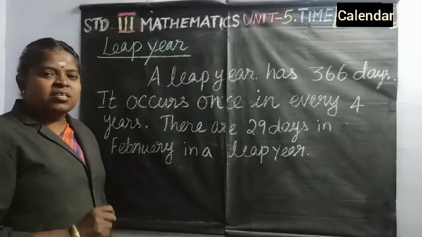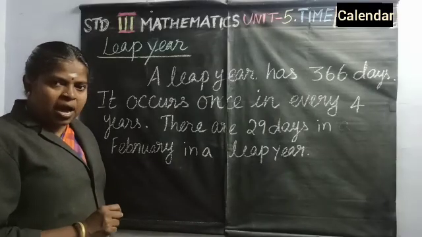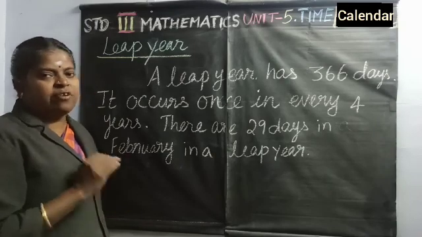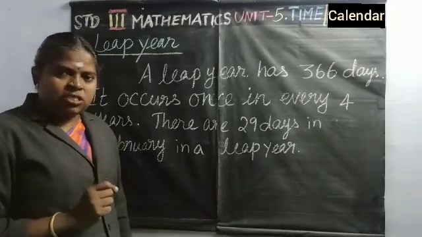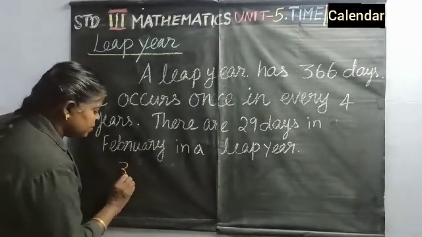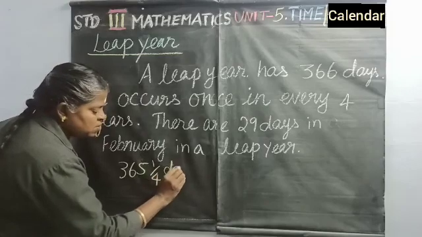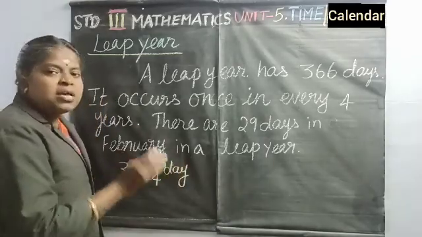Children, next leap year. A leap year has 366 days. It occurs once in every 4 years. Earth takes 365 and a quarter days to orbit the sun.